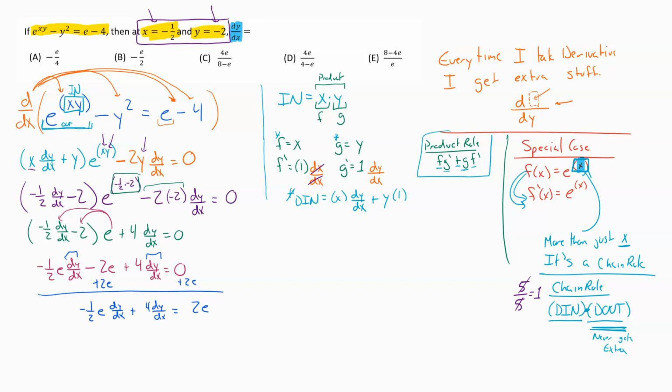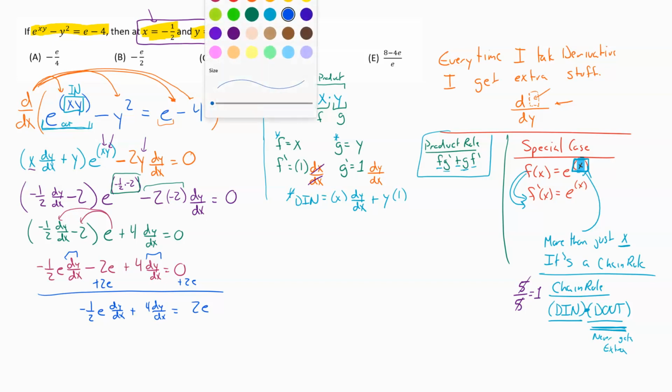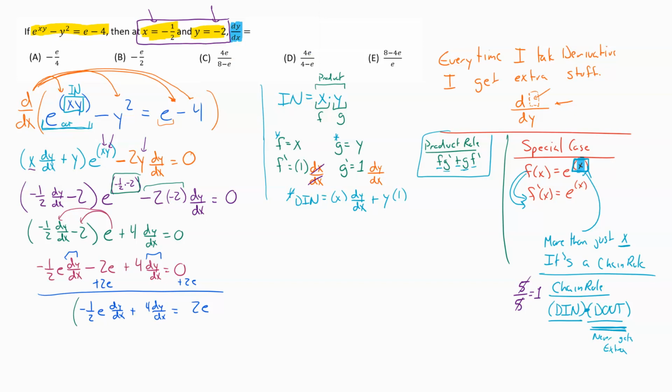And then a lot of times what you can do here is kind of clear out that fraction, clear out that -1/2. We're going to go ahead and multiply this entire equation by a -2 to get that out of there. And so then distributing that in, the fractions would cancel. -2 times -1/2 would get us 1 dy/dx.